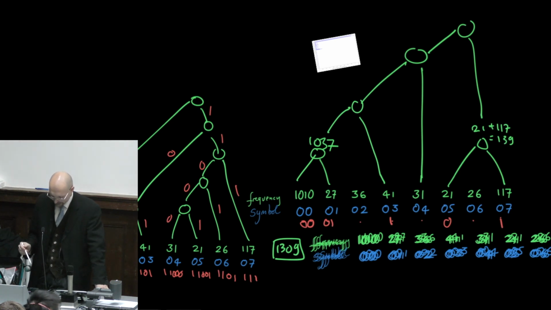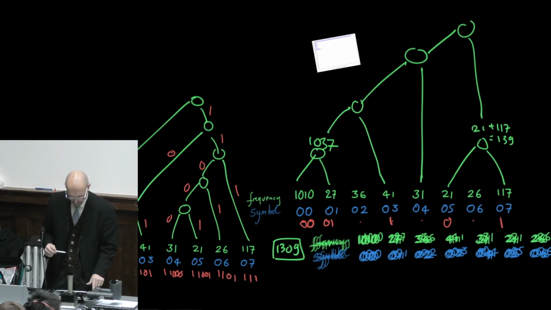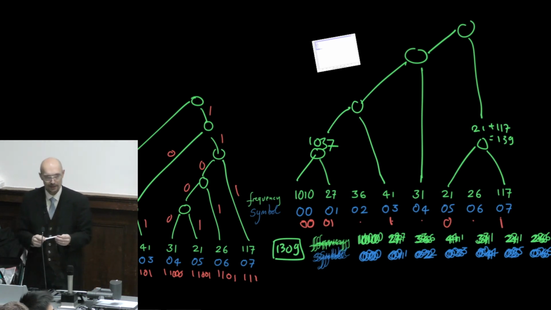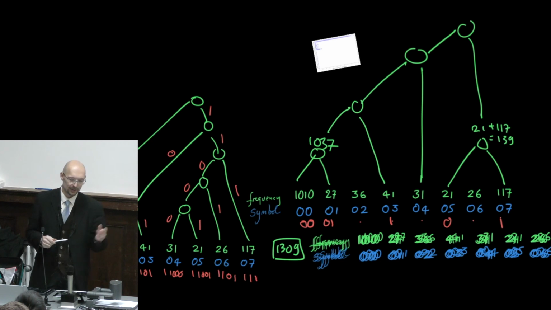And if I do that, I am getting a code that is minimum possible cost among all the prefix codes, and it is possible to prove that non-prefix free codes cannot do any better, and therefore it's worthless even looking at them because they only cause trouble, and so it is the best of all these codes, and it's given by Huffman.